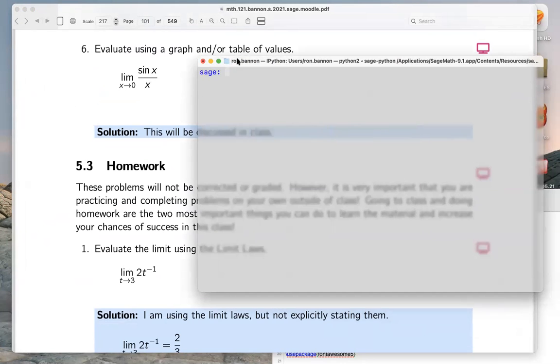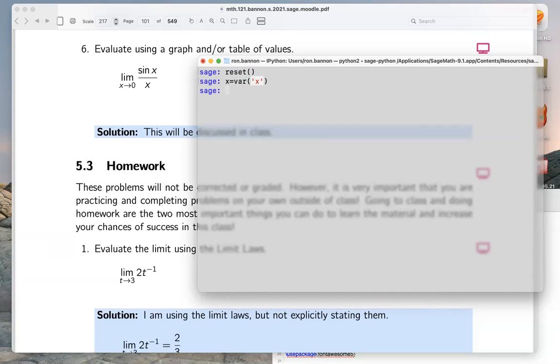And I know they said use a graph and/or tables of values. The first thing I do is I just want to do the limit. No, I'm not expecting you to know the command. Let me just start more formally. Reset. x is a variable.